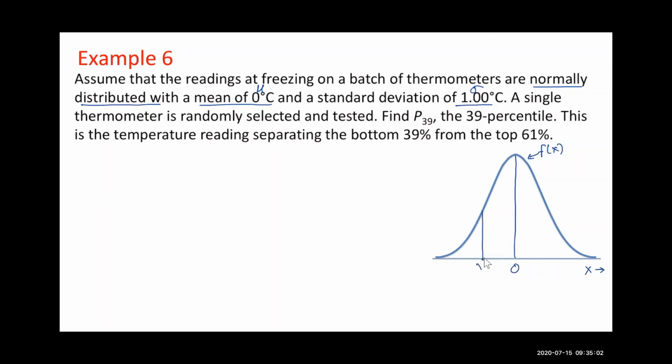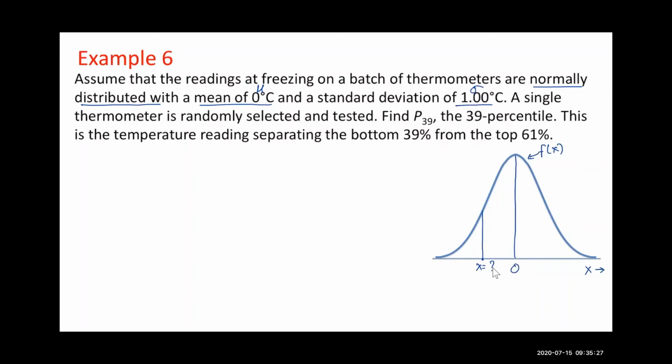So what is this equal to? If this is the 39th percentile, it means that going from the far left all the way up to the far right, you have 100% area. When you go up to this 0 or median, you have 50% area. That means when you go up to the 39th percentile, this area here is 39%.